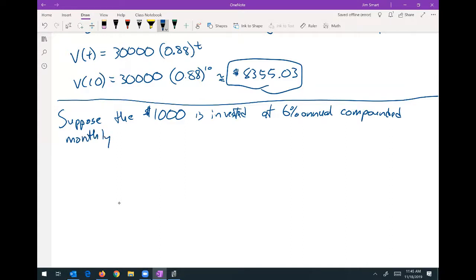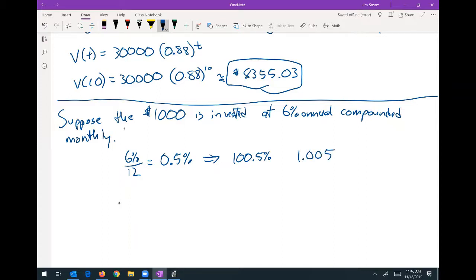What that means is we're going to pay 1/12 of the 6% every month. So 6% divided by 12 would mean we get 0.5% each month. So our total is 100% plus 0.5%, which is 100.5%, and so our multiplier would be 1.005.